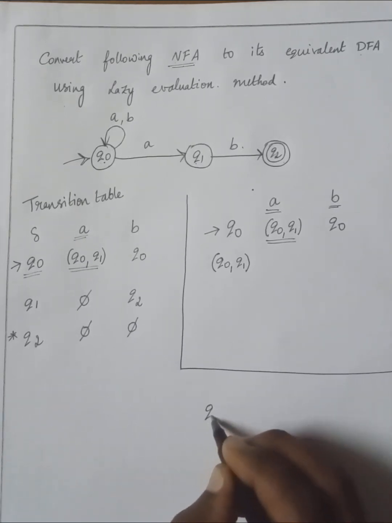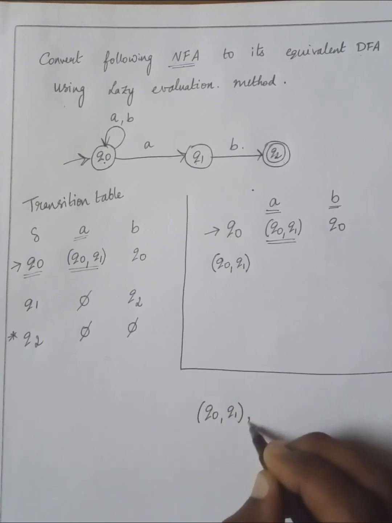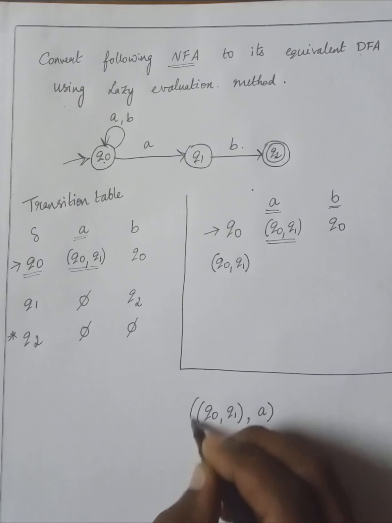So how will you check it? Q0, Q1 on the given input A. We want to see the transition for this one.